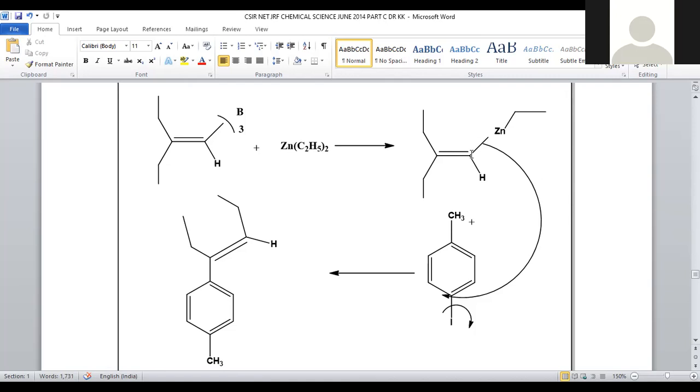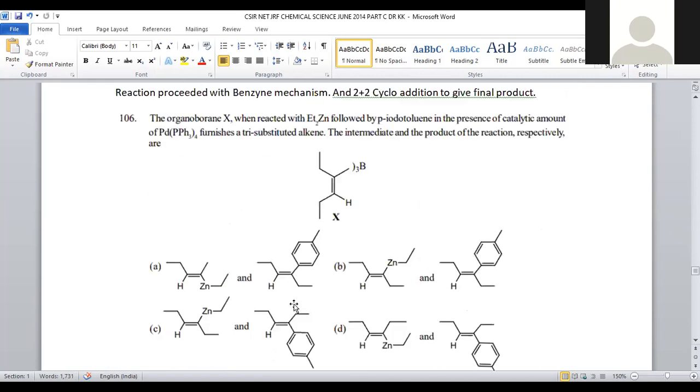So this negatively charged carbon will be bonded to this para-iodotoluene. Being iodo a better leaving group, here this carbanion will be bonded to this phenyl group, right? You can say it is a kind of nucleophilic substitution, so that para-alkylated product got generated. This is the final product what we are expecting in this reaction.